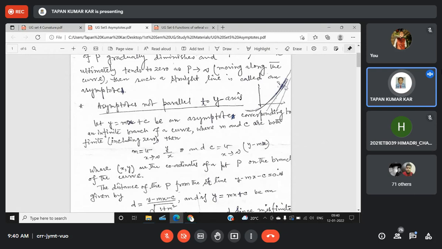Then m equal to limit x tends to infinity y by x, and c equal to limit x tends to infinity y minus mx, where x, y are the coordinates of a point P on the branch of the curve.